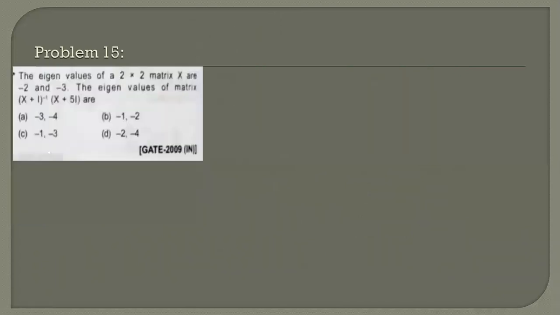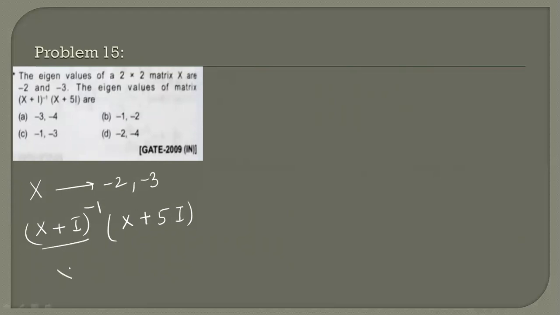Next question: the eigenvalues of a 2 cross 2 matrix X are -2 and -3. The eigenvalues of the matrix (X + I) inverse (X + 5I) are? I discussed this property also, but again I am going to discuss it one time.